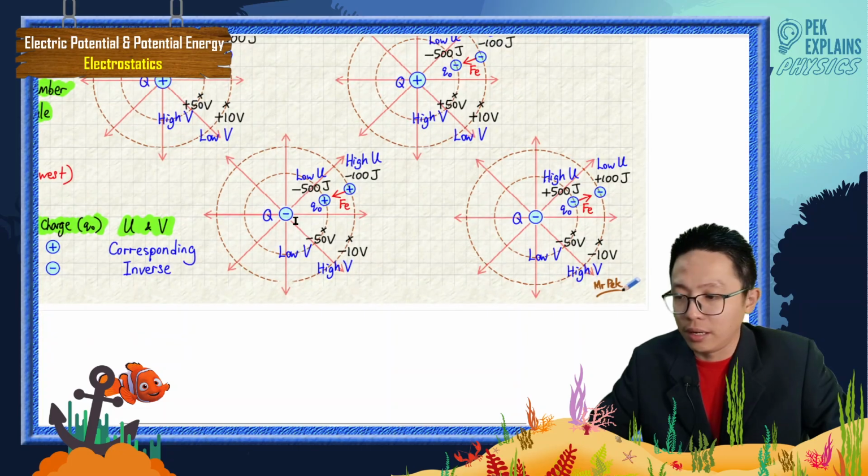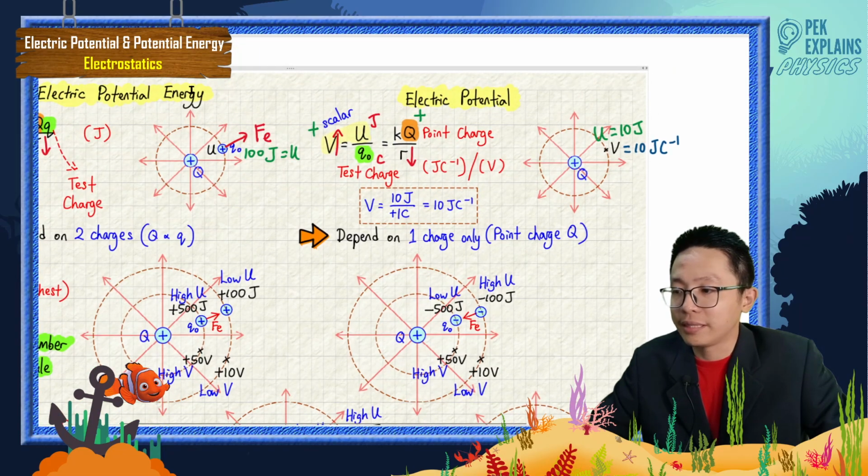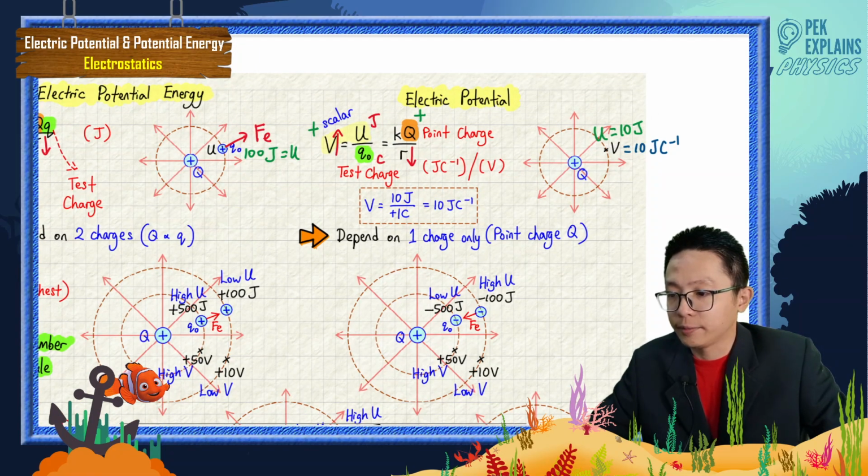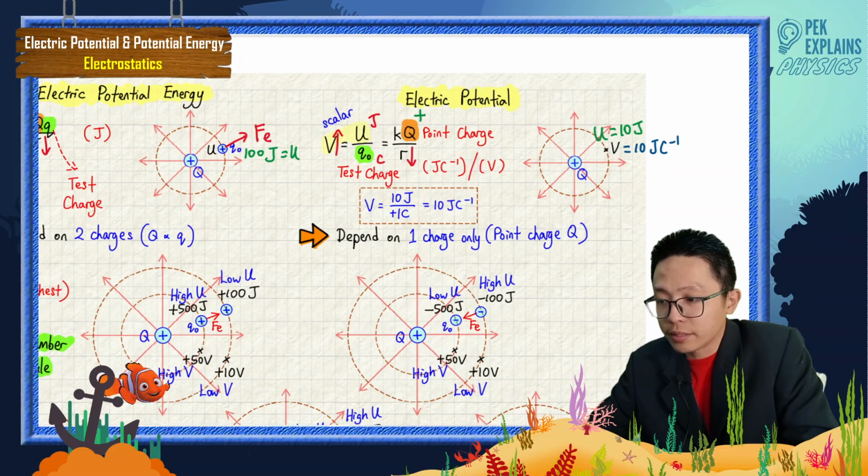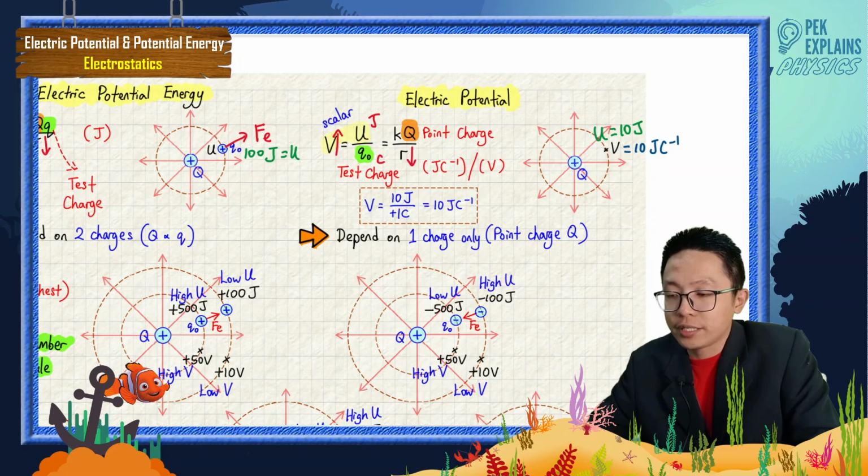Look at the negative point charge. They have negative 50, negative 10, negative 50, negative 10. Why is that? Because now your point charge is negative. You substitute the negative sign, so your potential is also negative. You understand that?